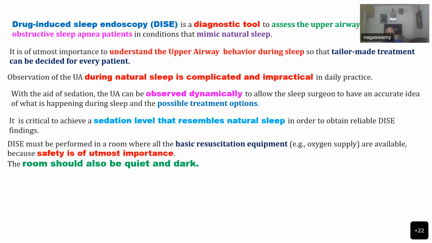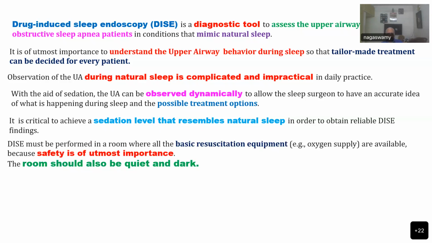So it must be performed in a dark room, where normally people fall asleep, without any light or bright surroundings. We should give the ideal conditions like a normal sleep environment.